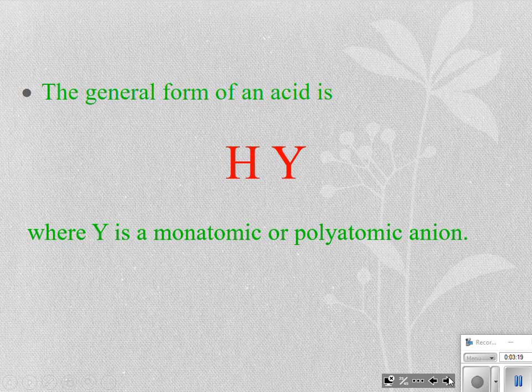So if you haven't already done so, why don't you take out periodic tables, ion sheets? We're going to be using those. So take out your periodic table, take out your ion sheet.